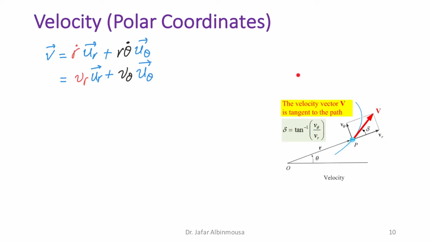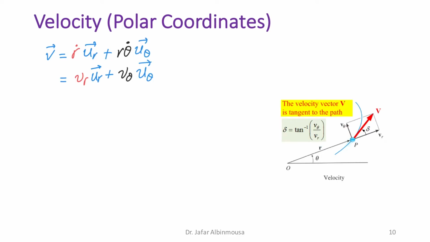And if we look at the schematic on the right hand side, we can see that this is the radial direction, the direction of the radial velocity, and perpendicular to it we have the transverse direction, where the transverse component of the velocity is.